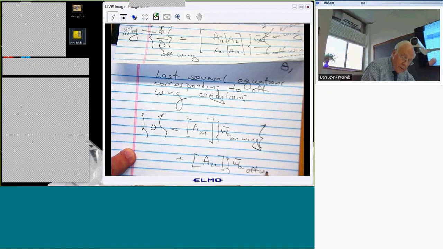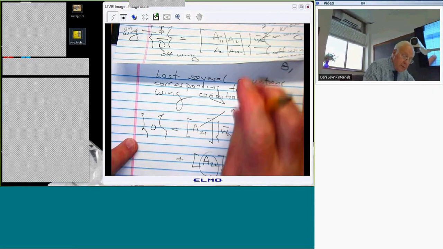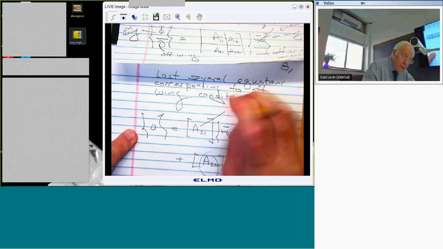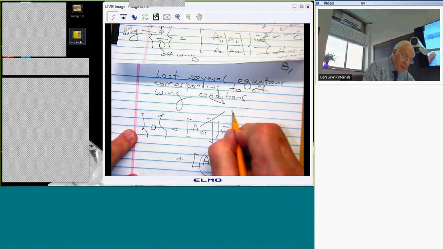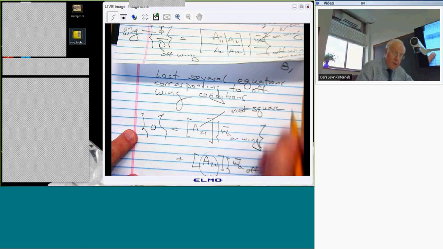By the way, this is going to be a square matrix. You'll be happy to know that. But this in general will not be square, but that's all right, doesn't matter, because we're not going to do anything funny with it, like invert it. So, how do I solve for this off the wing?